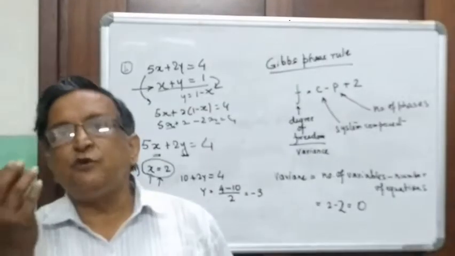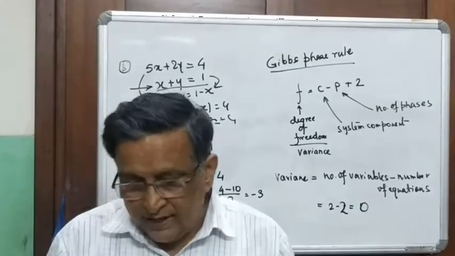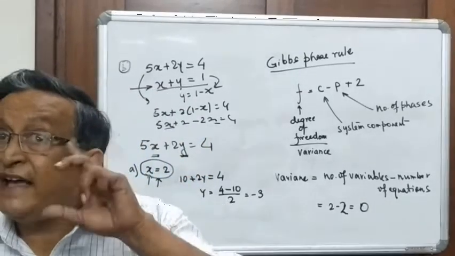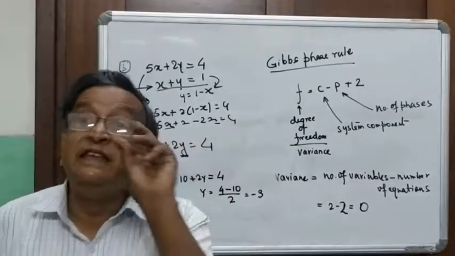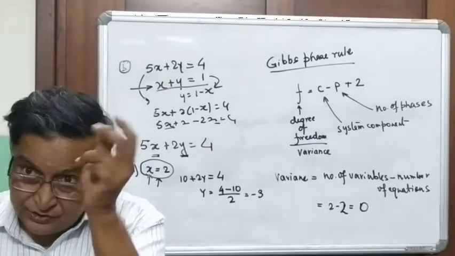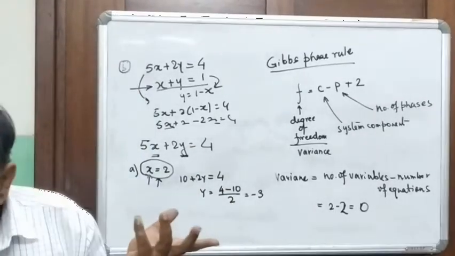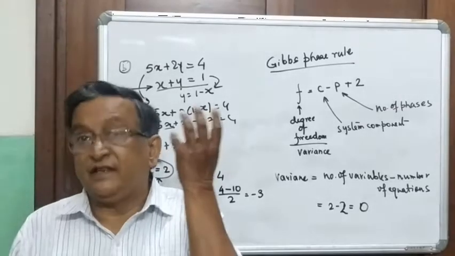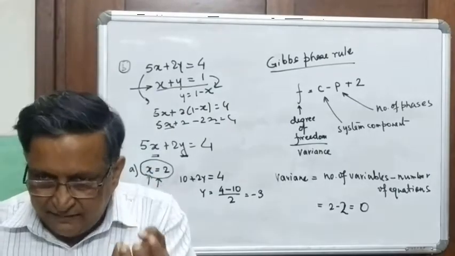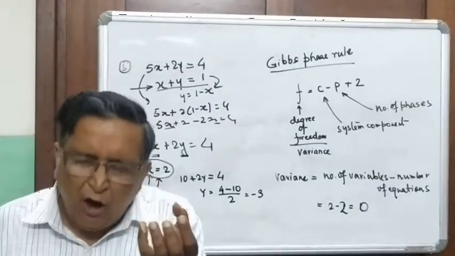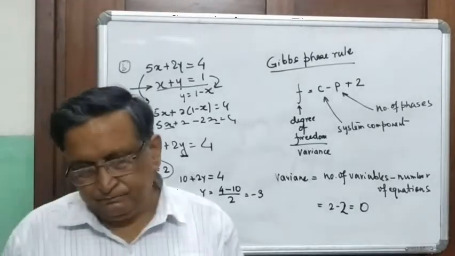It is not telling me which variable. It is telling me the number of variables that remain unquantified. That is what variance is. Variance is the number of variables that are unquantified in the system.